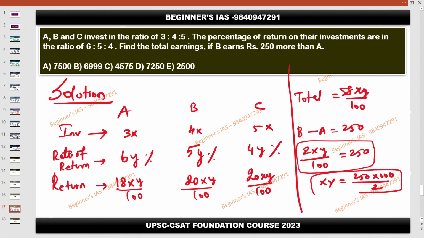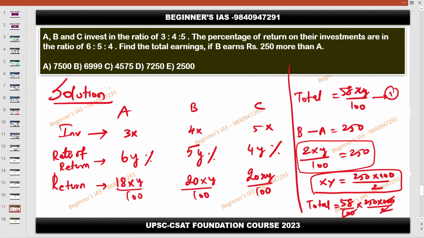Clear? xy is equal to 250 by 2, cross multiply this. Then substitute here. 58 by 100 into 250 into 100 by 2. 100 cancels.